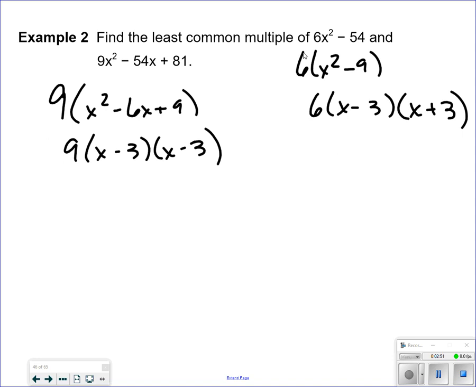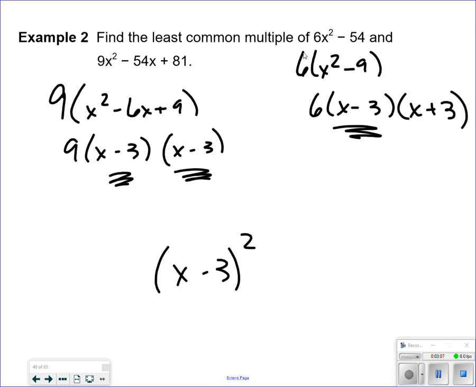So notice I have an x minus 3 on the left and an x minus 3 on the right. So that has to be represented. But there's a second one, so I need two x minus 3s. And then there's an x plus 3, so I need one of those.